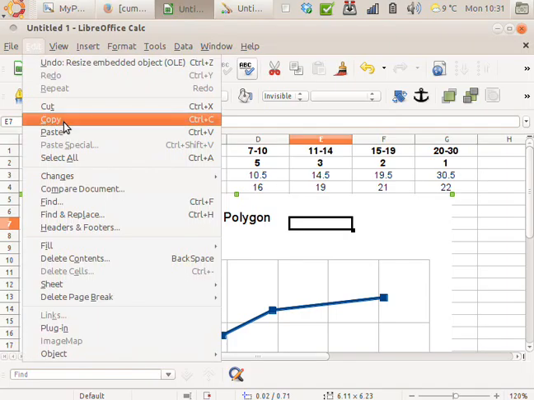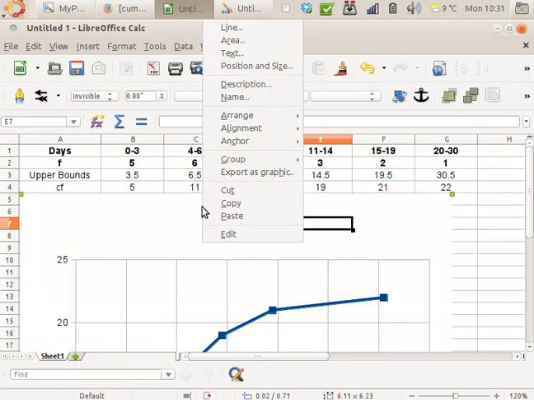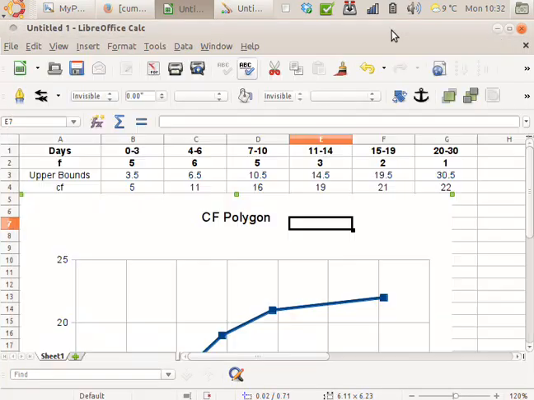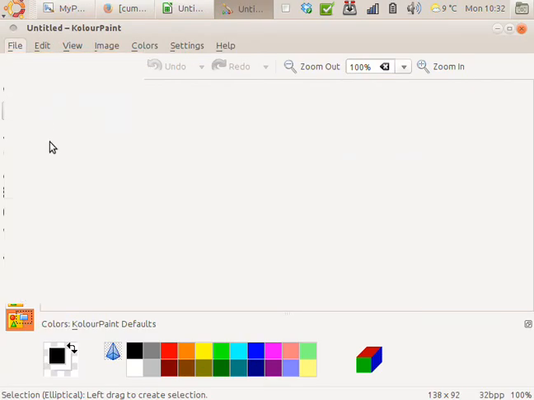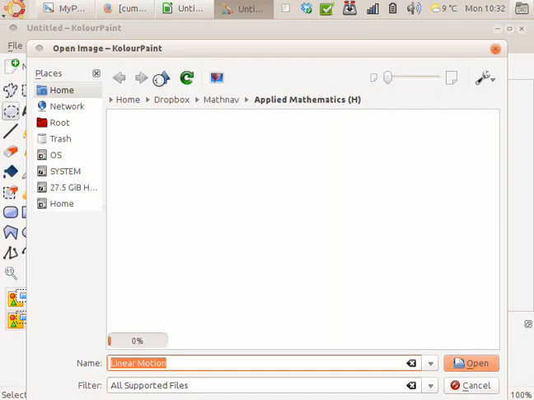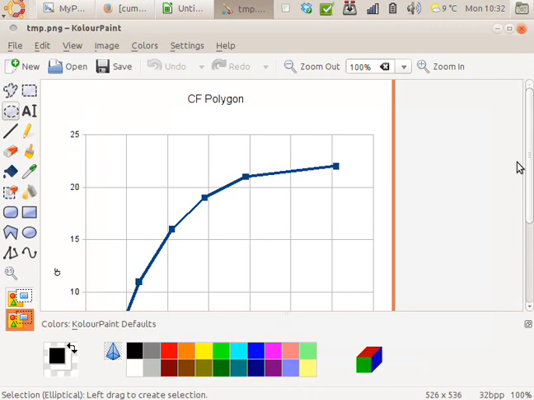Edit. Copy. Do I have to export it first, is it? Export. There we go.